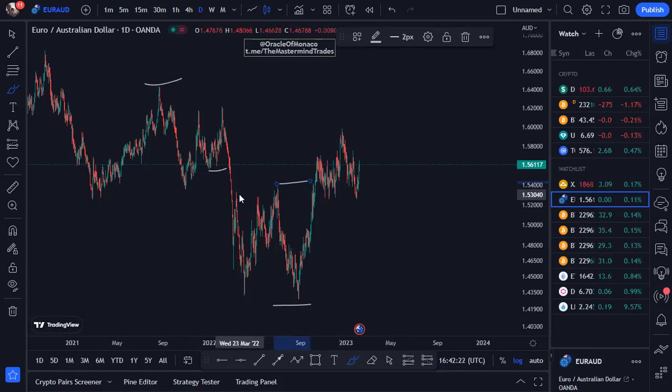So an internal change of character or an internal break of structure are the same as your regular change of character and your regular break of structure, except that wherever you hear the word internal, you should know that we are looking at what happened on a smaller time frame with respect to the bigger trend in mind. This is the bigger trend. This is a smaller time frame movement.